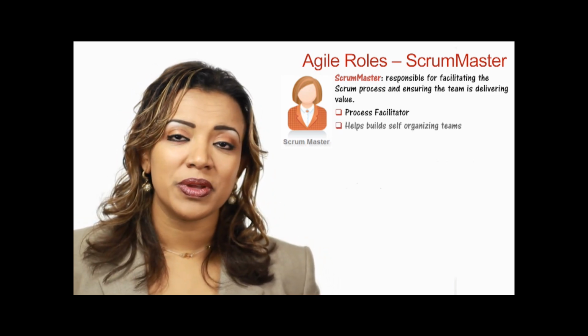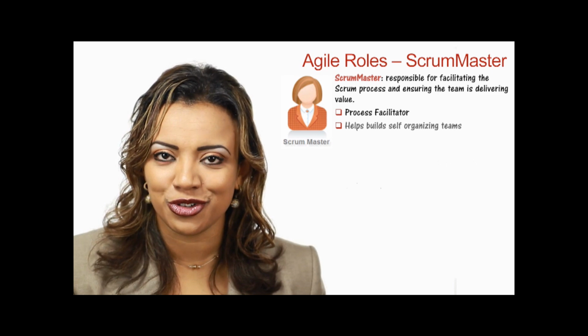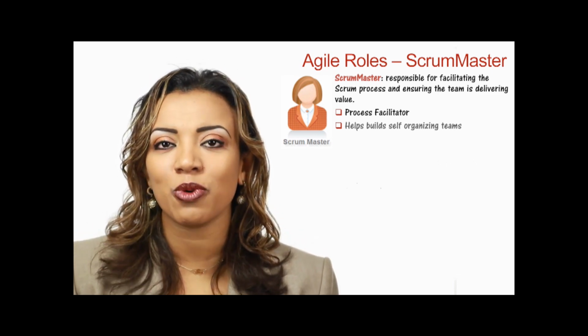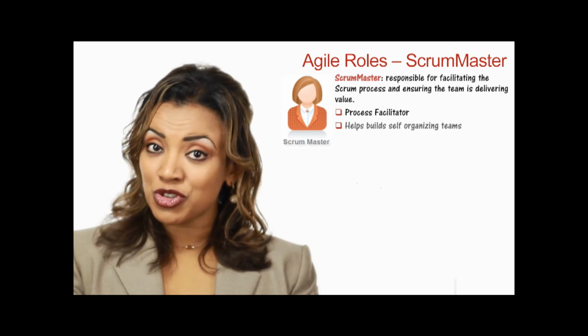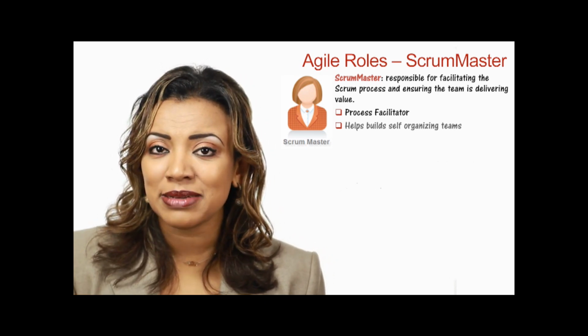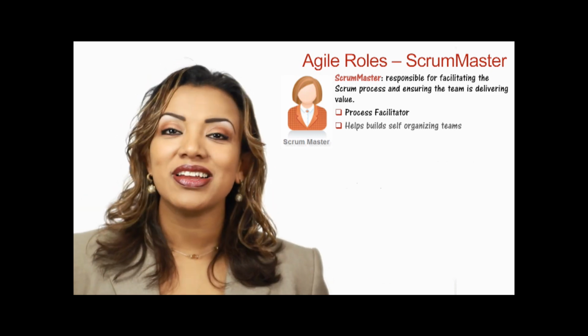They are also helping to build these self-organizing teams. The goal of the Scrum Master is not to dictate, not to tell the team what to do or how to get it done. It is to create high-performing, self-organizing teams. And again, we just talked a little bit ago in that leadership triangle that a self-organizing team does not mean that it's a self-leading team. It doesn't mean that there's no leadership. There is leadership.